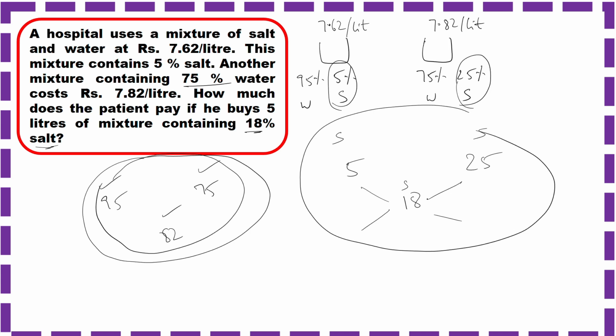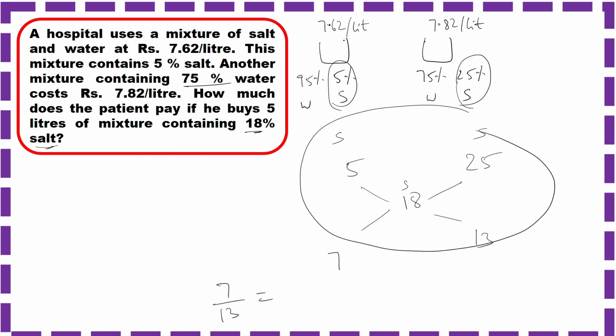We get 25 minus 18, which is 7, and 18 minus 5, that is 13. So 7 by 13 will be equal to, in the second case we have, let me erase this, 7.62 rupees, 7.82 rupees, 7.62, 7.82, and we don't know the cost price, right?